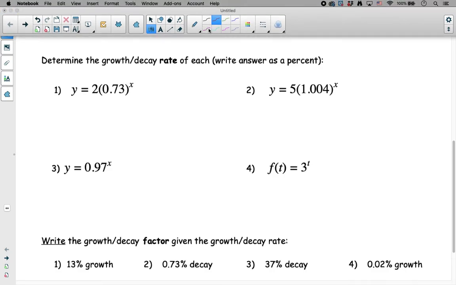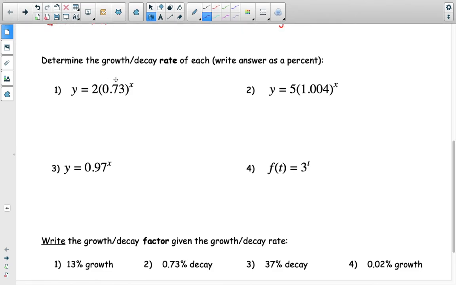We have a decay right here because this is smaller than 1. So we have a factor of 73 hundredths. We need to turn this into a percentage right now so we can determine our decay rate. This turns into 73%. How far away is this from 100?